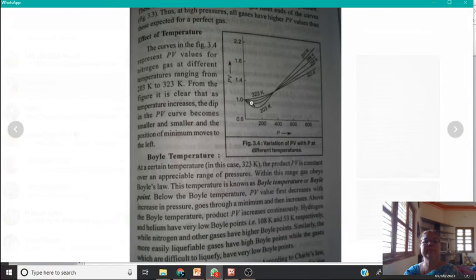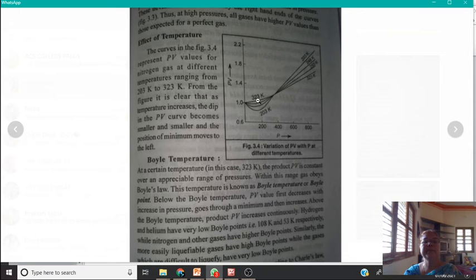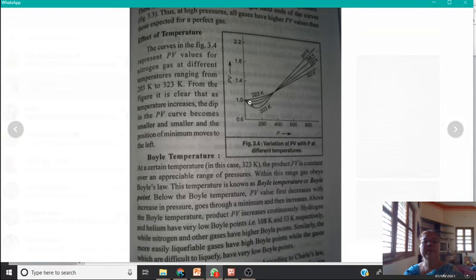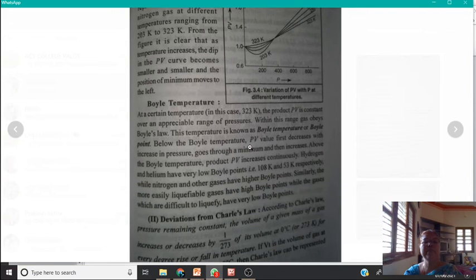See, this is the graph. Within this range, the nitrogen gas obeys Boyle's law, and this temperature is known as Boyle temperature or Boyle point.